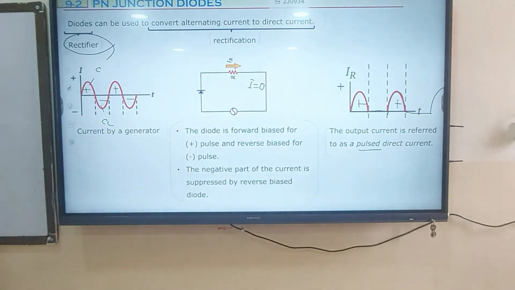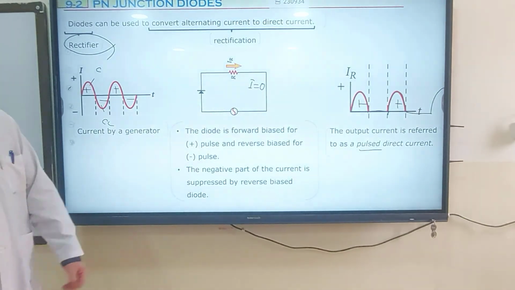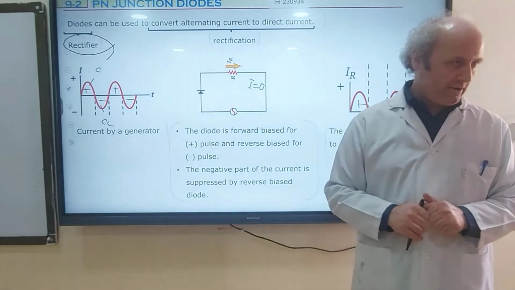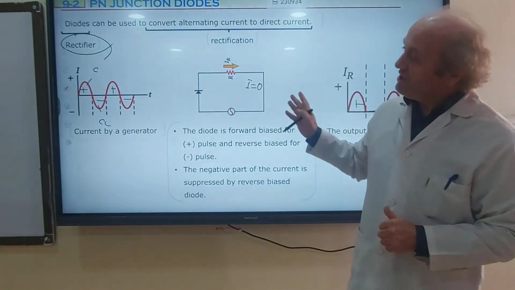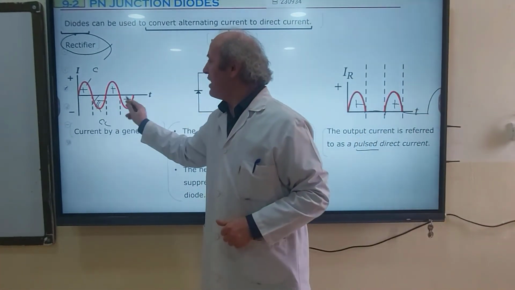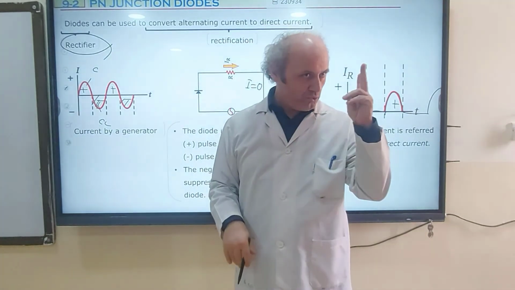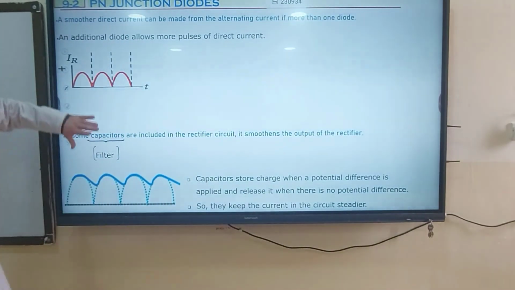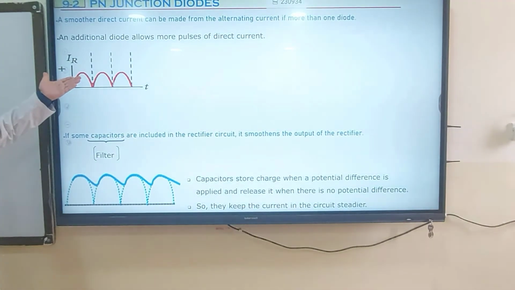What if we use more than one diode? If we use more than one diode, we can make a much better direct current. A single diode crops this side, but two diodes invert this negative to positive.